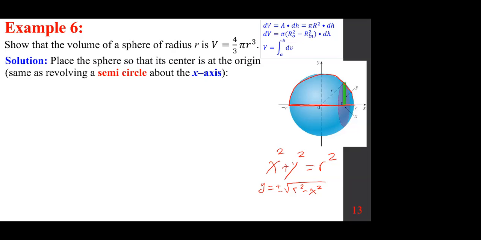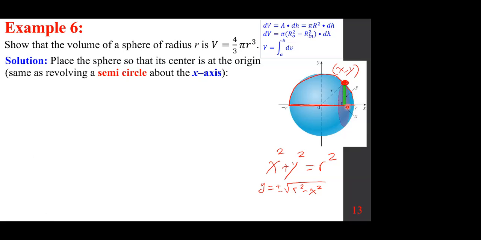So let's just write this point as coordinates x and y, which come from the equation y equals square root of r squared minus x squared, the positive portion of this. So dv, let's go to dv. dv is pi r squared dh. So pi, we have it. R is this distance, the y distance as a function of x.